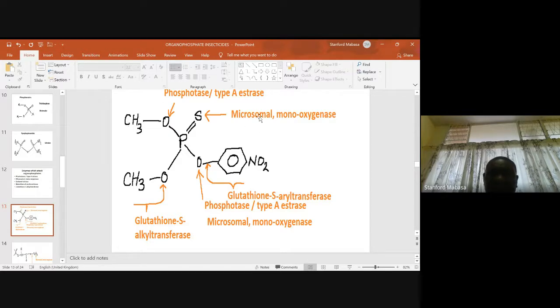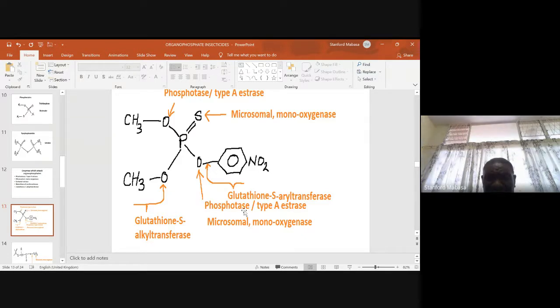Or we can have cytochrome P450 or microsomal monooxygenase enzyme attacking sulfur. And on this bond here, we can have glutathione S-aryl transferase breaking this bond.